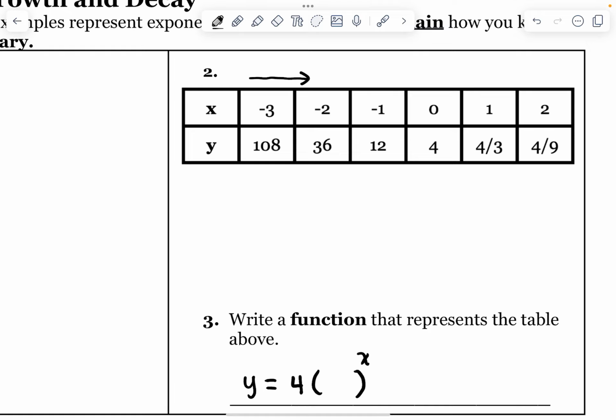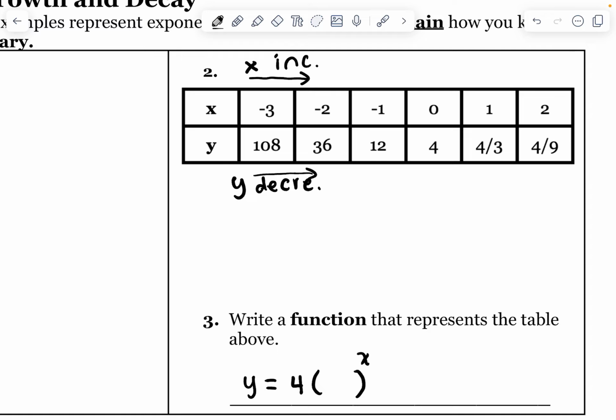We know what the constant multiplier is, but let's analyze this table a little bit more. We know that as our x values increase, our y values are decreasing. So therefore, this might be exponential decay. We still have to prove it.